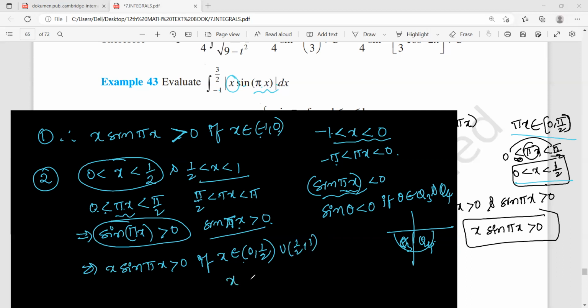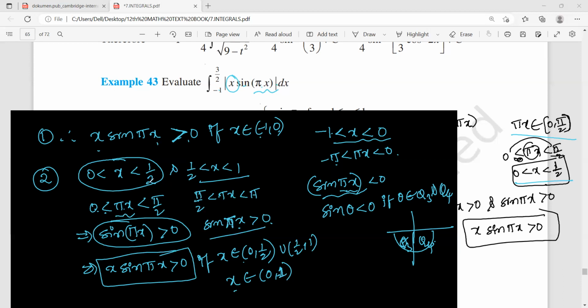That means x belongs to 0 to 1, it is positive. First one is negative into negative, positive. The second one is positive into positive, so positive.